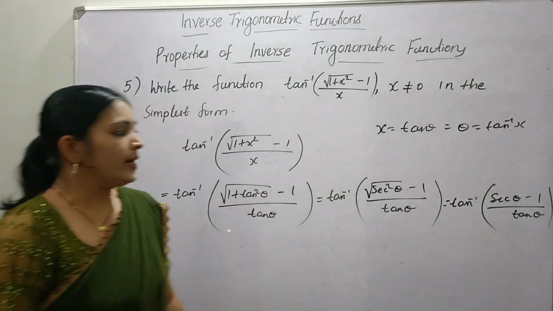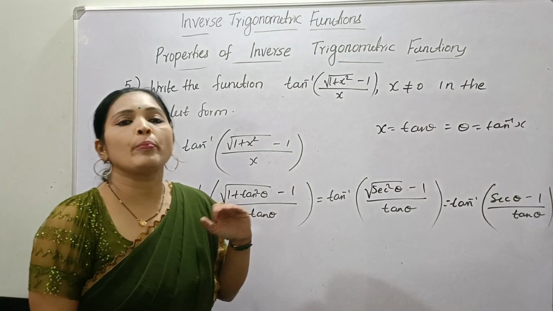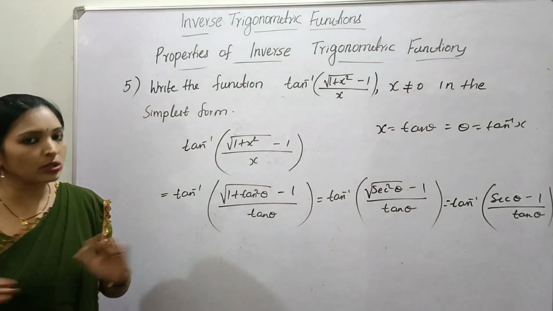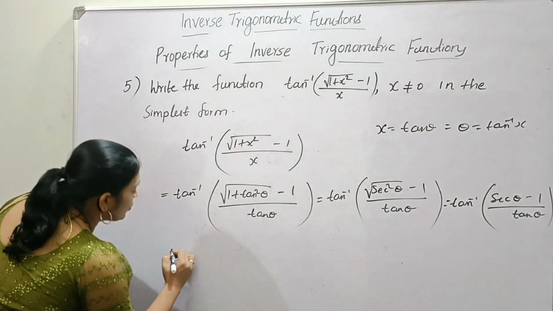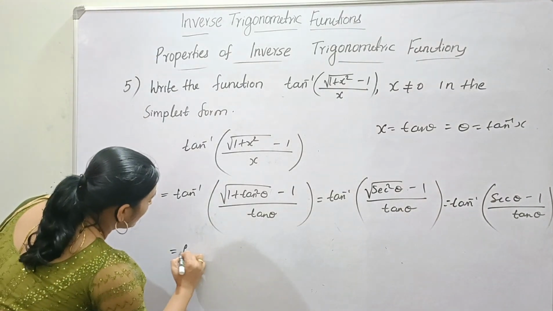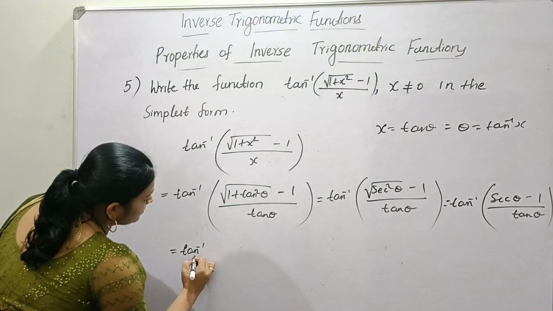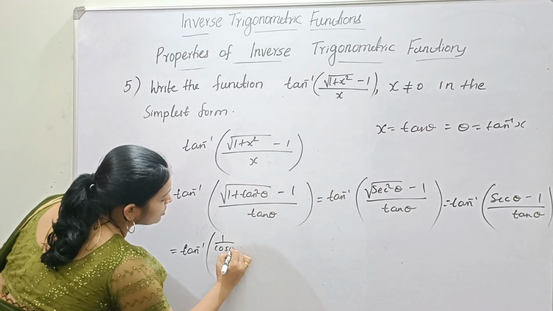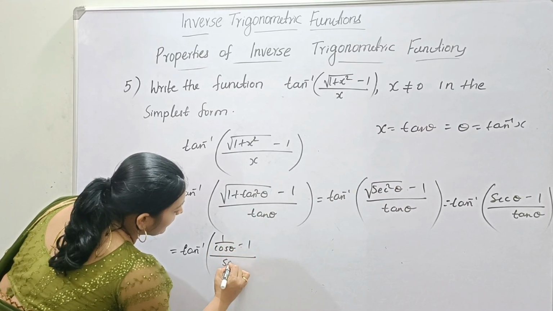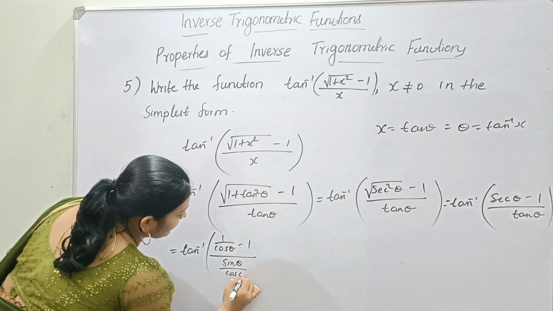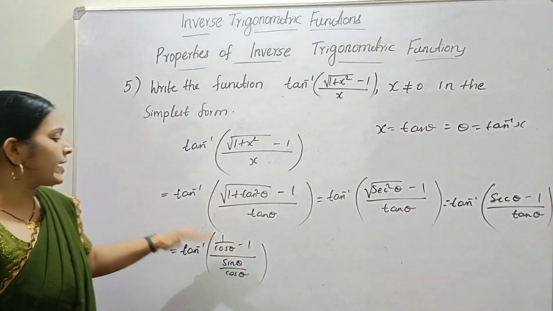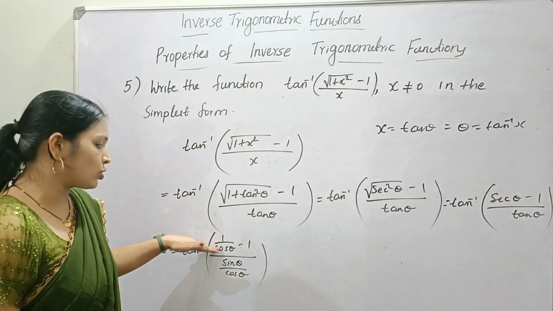Now here sec theta can be written as 1 by cos theta and tan theta can be written as sin theta by cos theta. So that is how the cos theta will be cancelled, right? So next step, it will become tan inverse of sec theta, which is 1 by cos theta, minus 1 divided by sin theta by cos theta. Taking the LCM in the numerator, we will get 1 minus cos theta divided by cos theta.